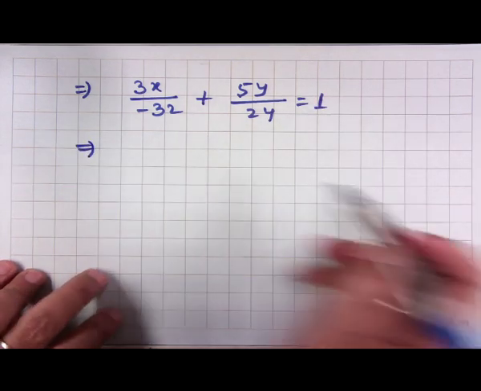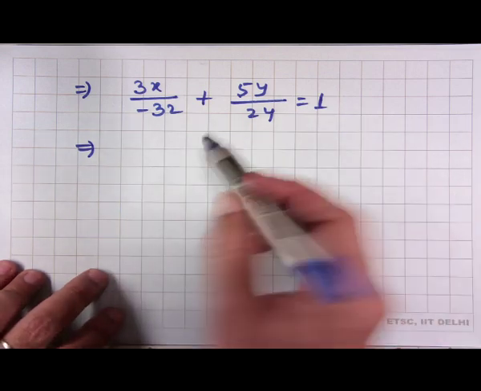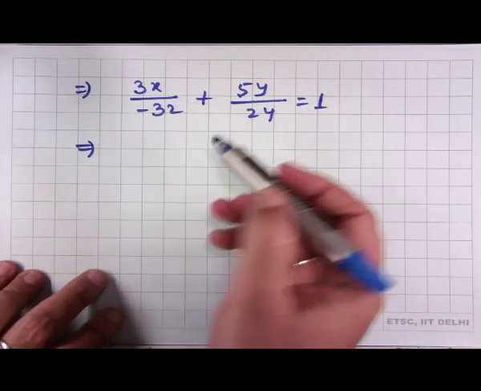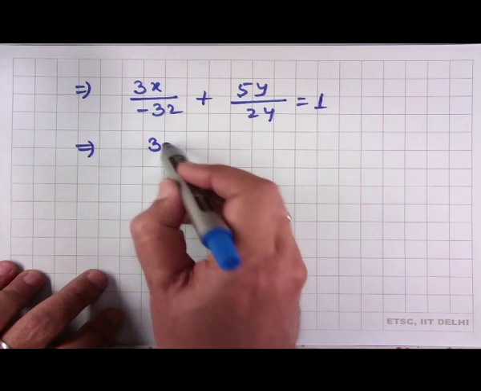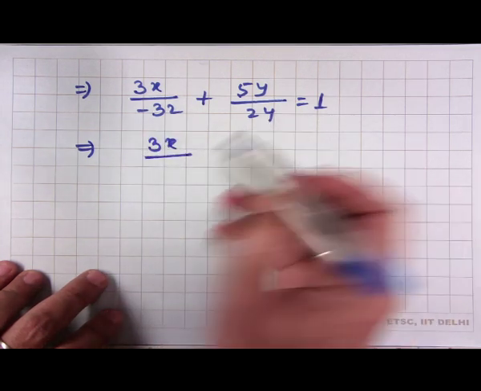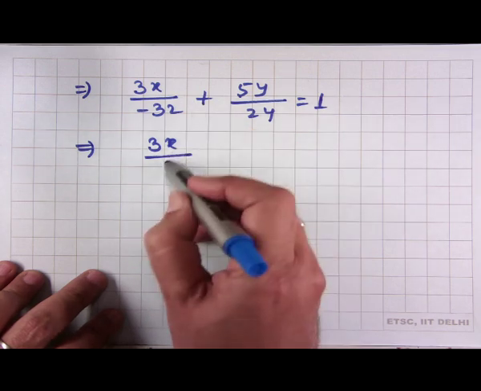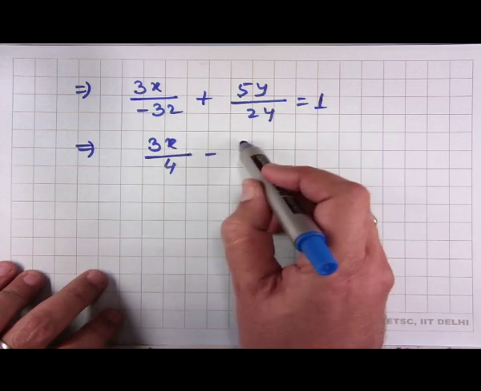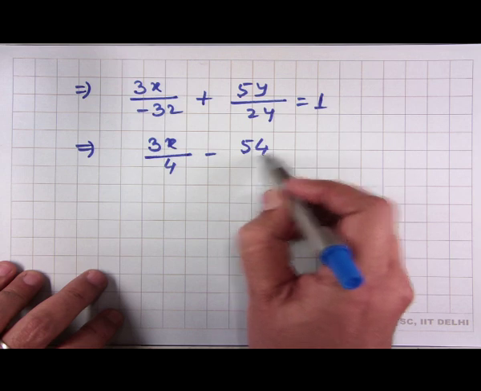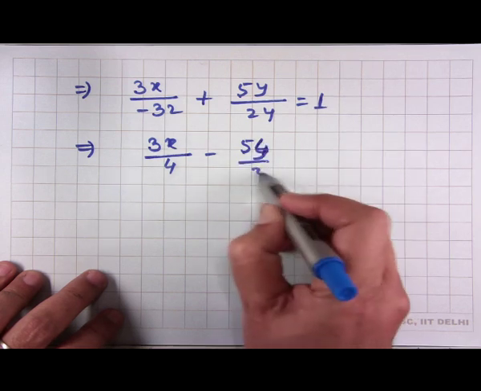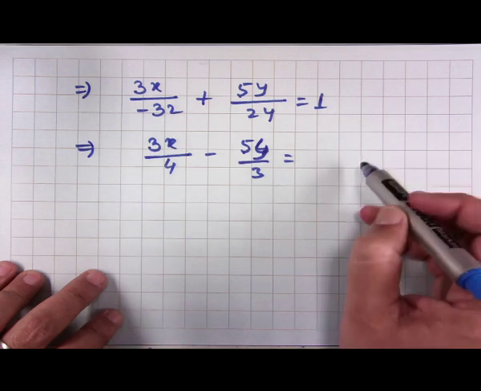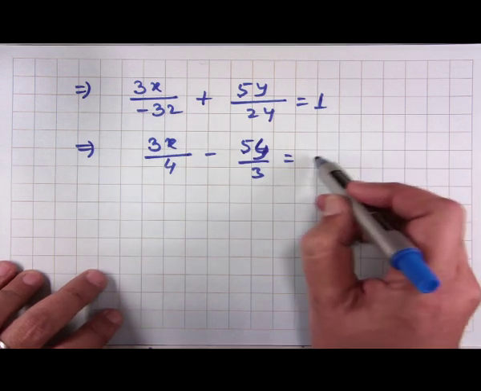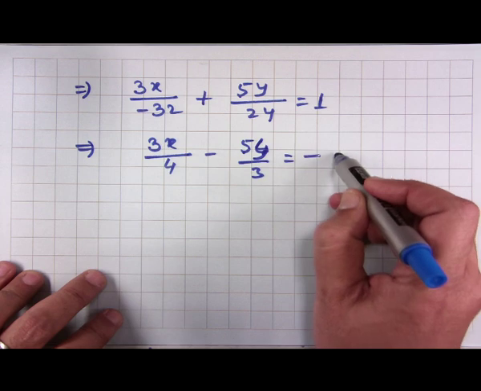This implies, now take the LCM, or we can write it as 3x by 4 minus 5y by 3 is equal to -8.